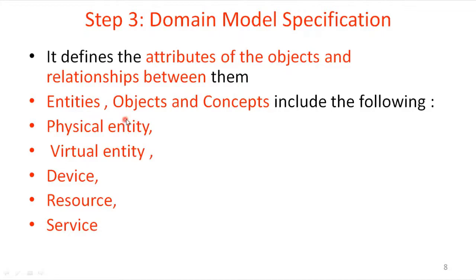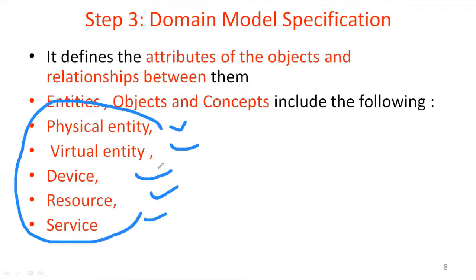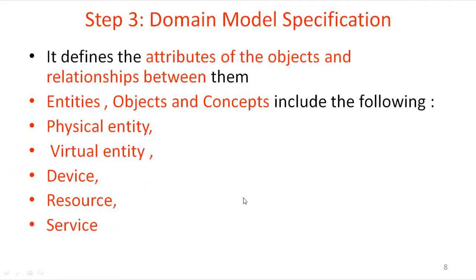Here, the entities, objects and concepts include the following information: the physical entities, virtual entities, device, resource, and service. These are all different information in the domain model specification.